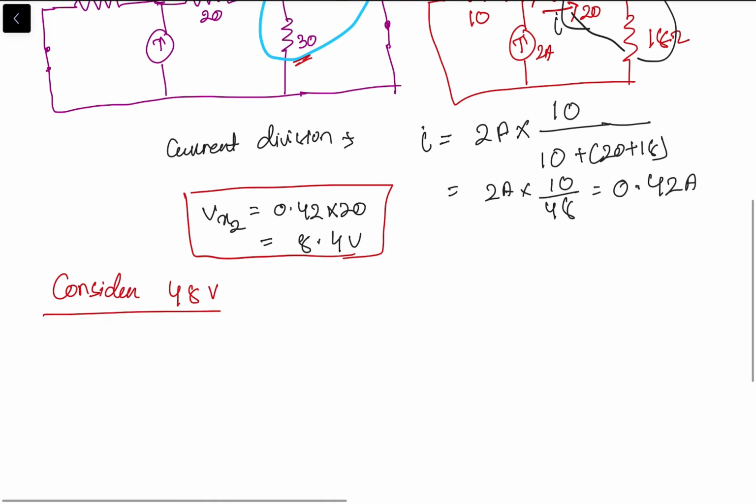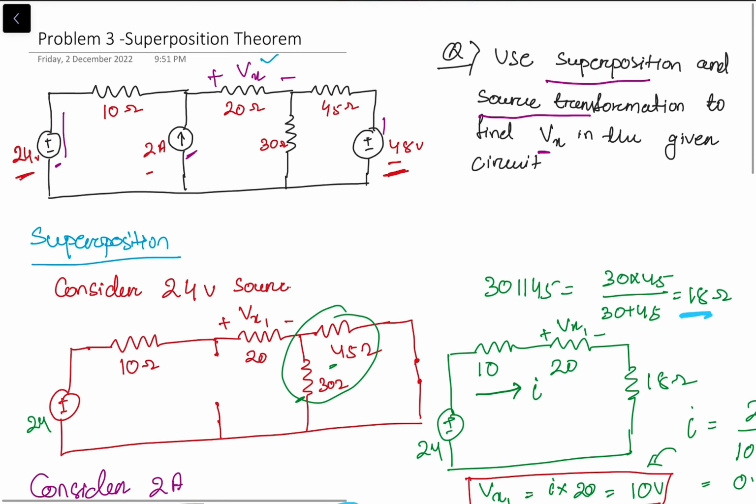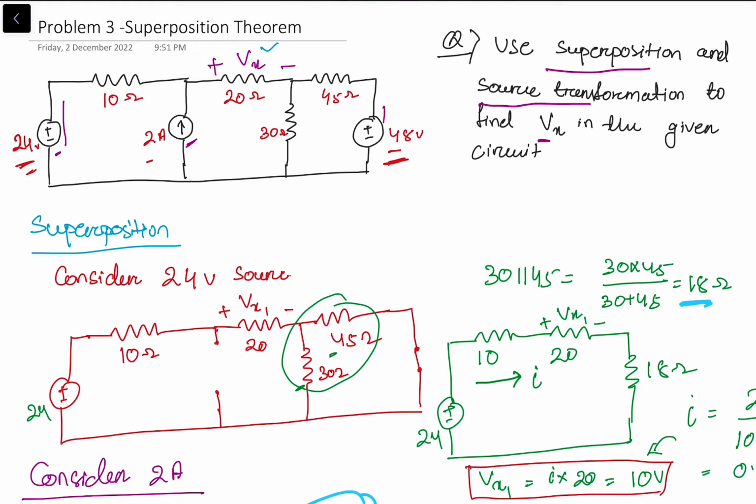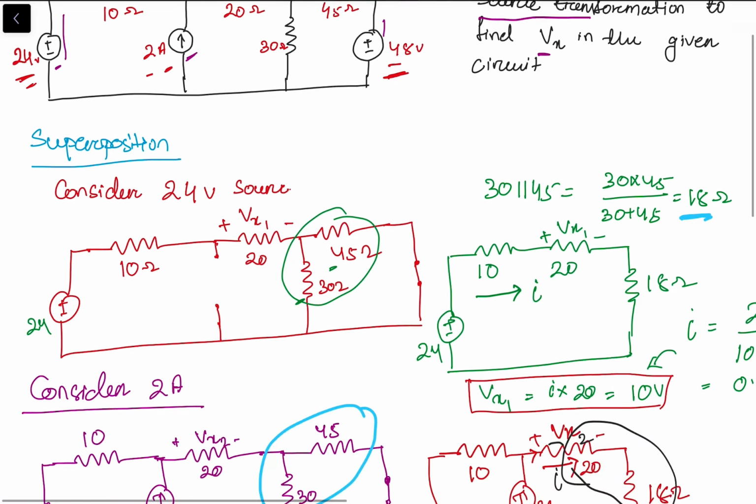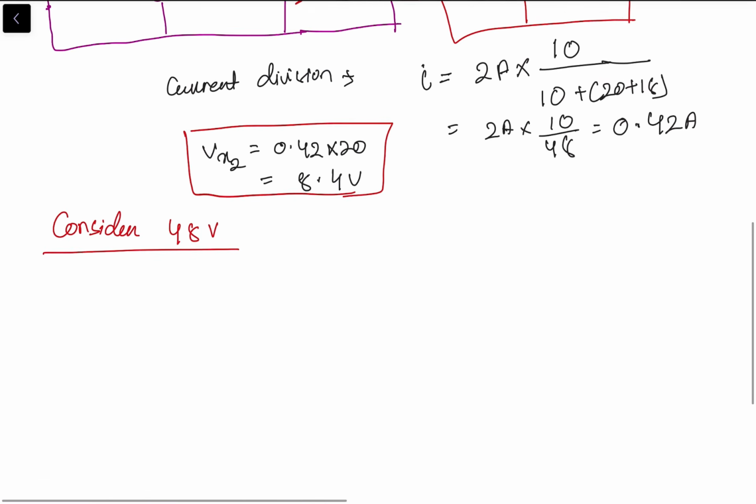So if I consider the 48 volt source, I need to redraw the circuit again. How to redraw? This will be short circuit, this will be your open circuit. So for the 48 volt voltage source, I am drawing the circuit again.